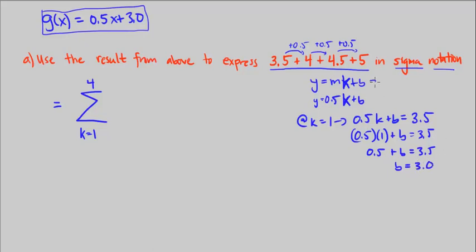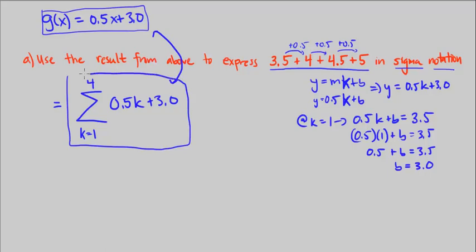So that tells me y is equal to 0.5k plus 3.0. Write that here, 0.5k plus 3.0. Whoa, that is exactly the same as we have here. So how could I have used that to express this?